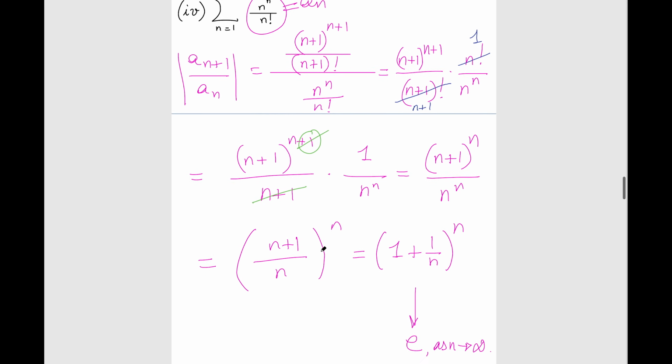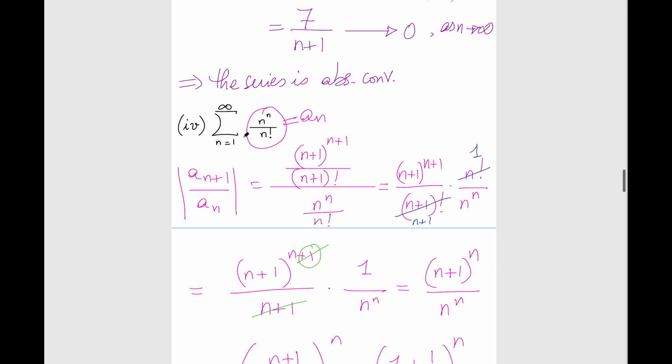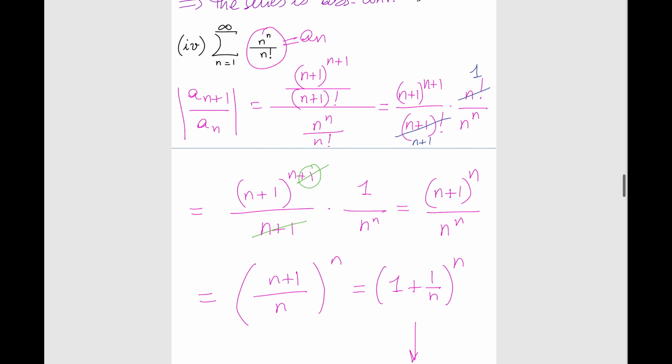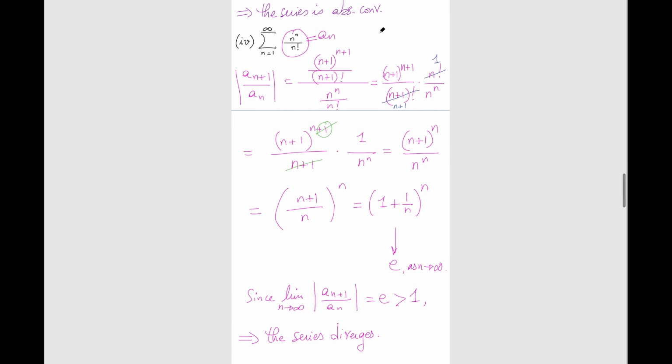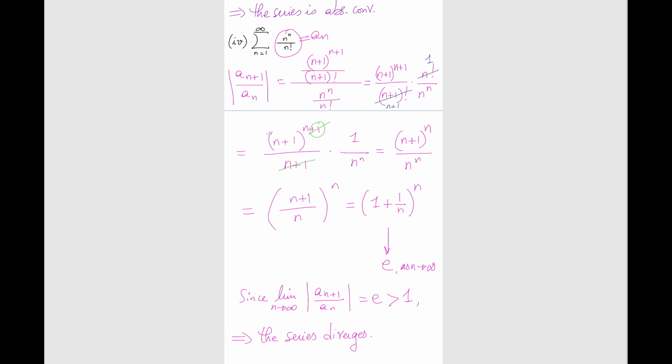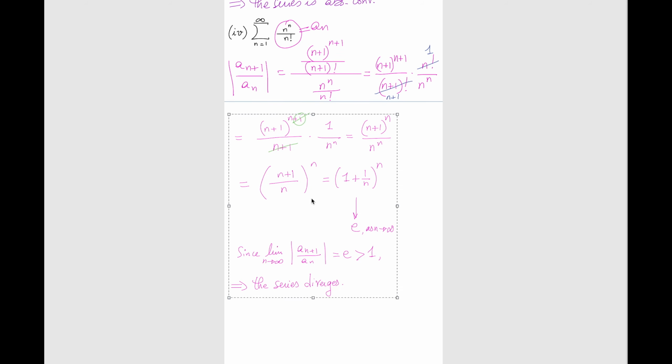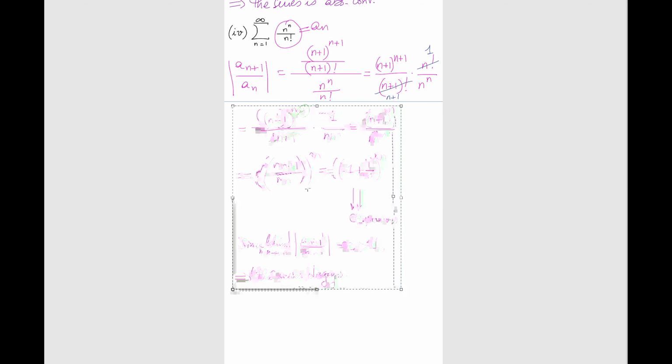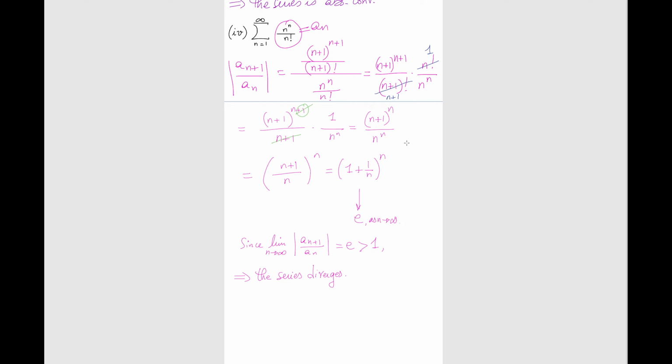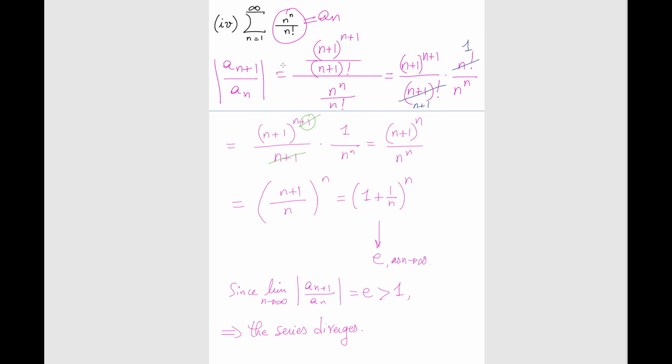By the way, we dealt with terms like this before, if you remember. Let me just make some room for another discussion. So this is the end of part 4 using the test. We know that the series is divergent, which is good. But since we talked about this before, I just want to remind you. Look, you see a_n is n^n divided by n factorial.